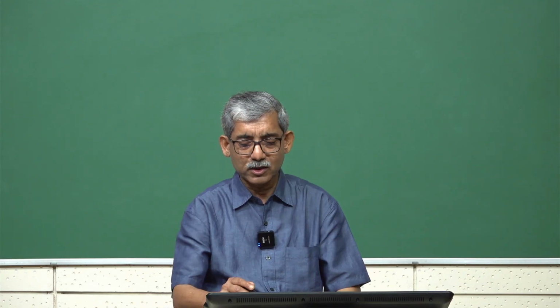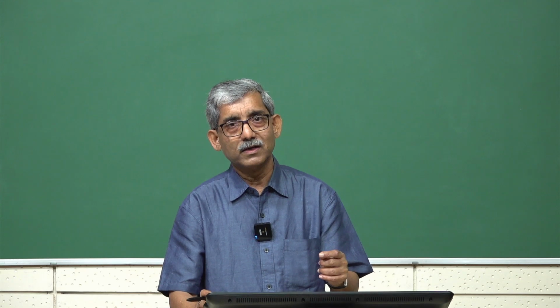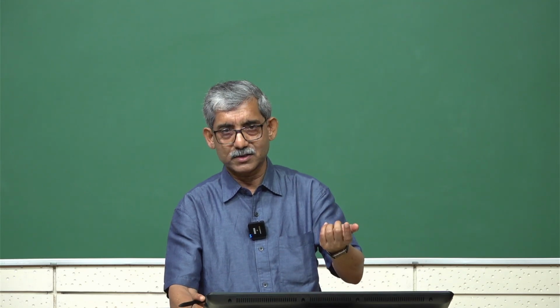In the card we assume that it is producing in the trailing hook direction. Here the majority of hooks will be in the leading hook direction, and the advantage we get during cylinder combing is that these leading hooks are preferentially removed and we get the maximum fiber extent. But in wool combing this is reversed, that I will discuss.